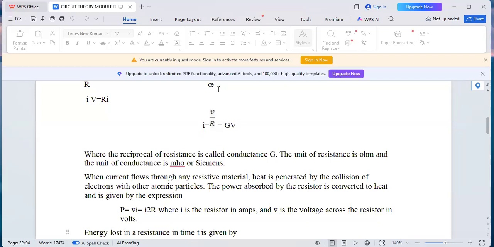Okay, so let me explain it to you. I equal to V over R. Do you know that one already? Yeah, I know that one already. And the same I is equal to GV. Okay. Yes. Okay, sir. I get it. Can we go on? Yes, sir, we can go on. I understand it.